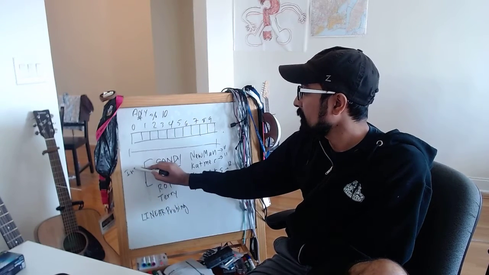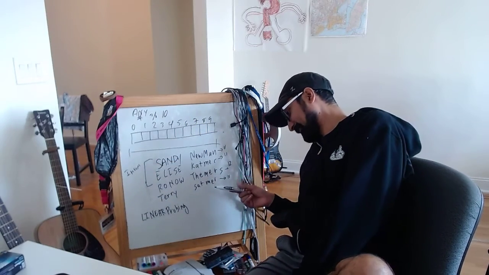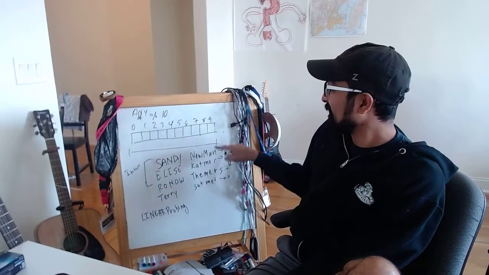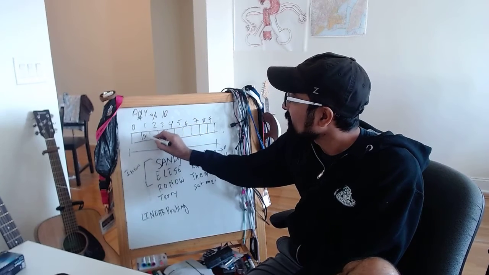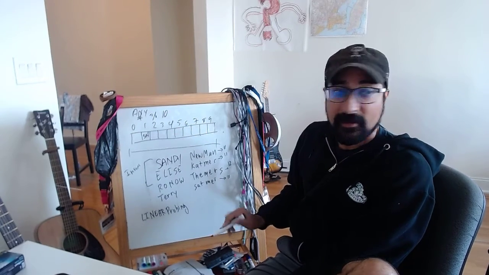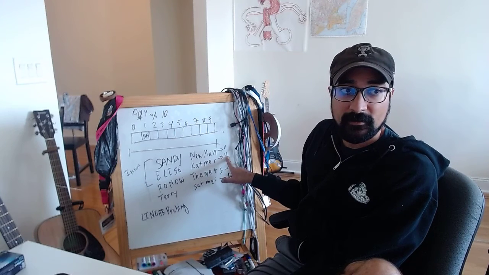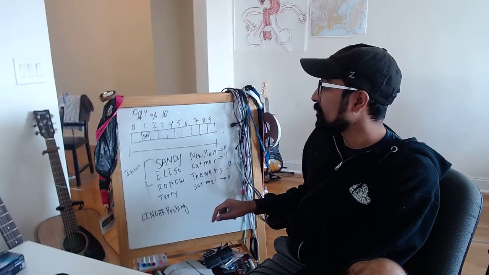Sandy Newman is 11, right? 11 modulo 10 is 1, so we'll put Sandy Newman here. Okay. And Elise Katmer, well, that's a length of 11, right? 11 letters. 11 modulo 10 is going to be 1.